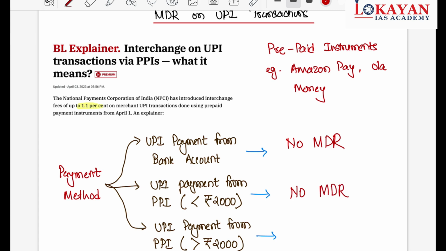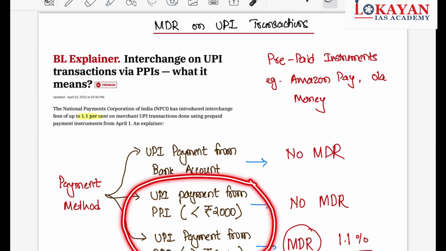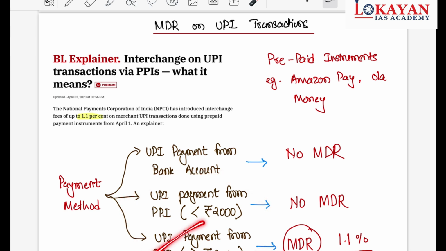But if there is a UPI payment from PPI whose value is more than 2000 rupees, then there will be MDR, which is 1.1% of the transaction. So focus here, have a look and read all this carefully. Especially focus: not on all PPI transactions, but only those transactions which are more than 2000 rupees.